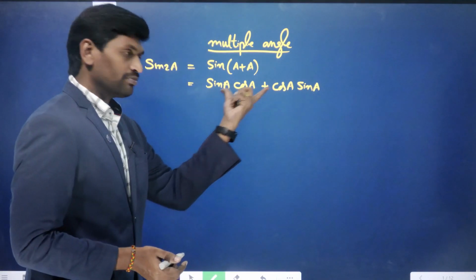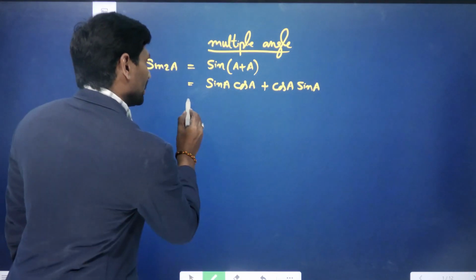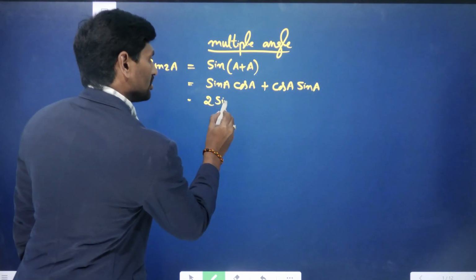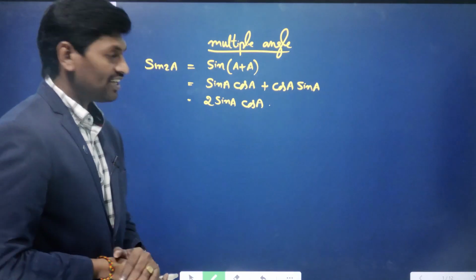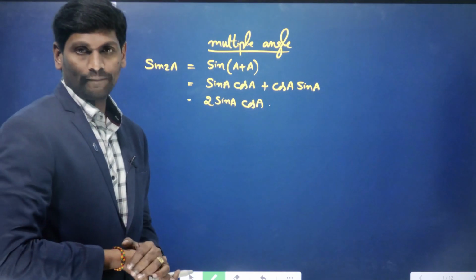So this term is appearing 2 times, so we can write this as 2 sin A cos A.